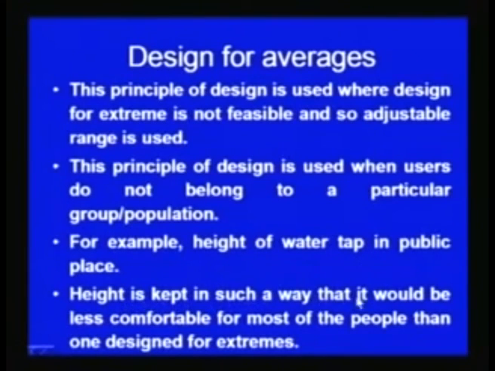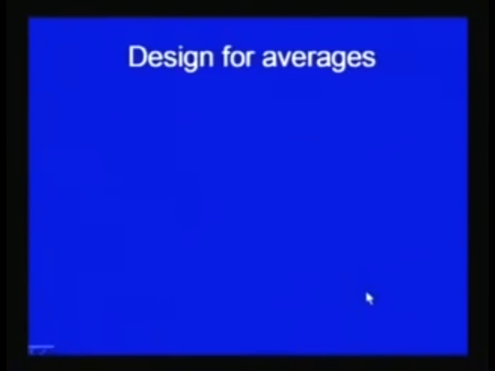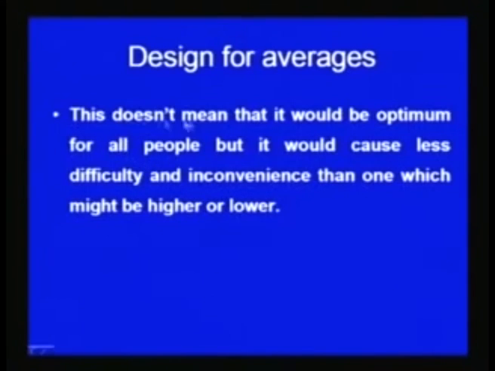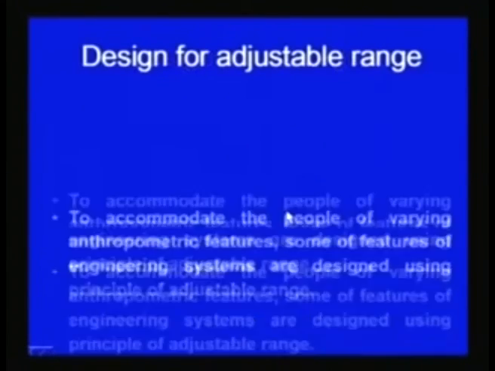The height is kept in such a way that it would be less uncomfortable for most of the people than one designed for the extremes. This does not mean that it would be optimum for all, but it would cause less difficulty and inconvenience than one which might be of higher or lower height.